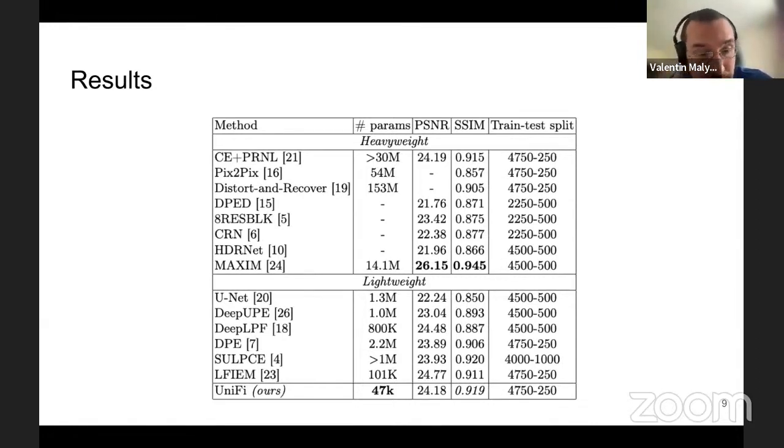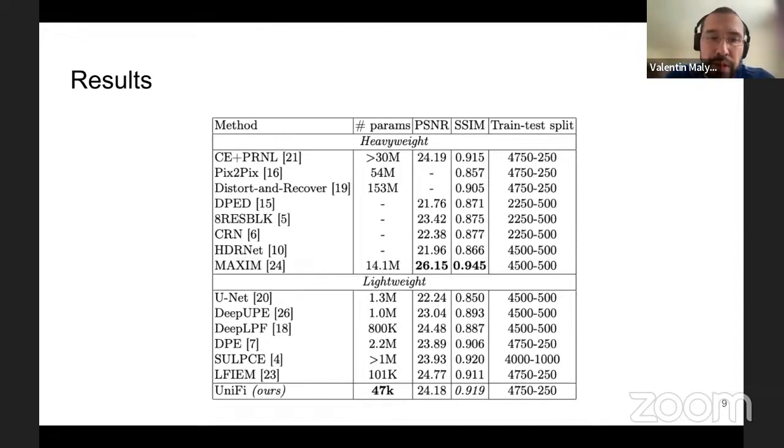But we can see that the lowest is LFIEM, an approach which has 100,000 parameters, and it shows the best results on PSNR, and the second result, excluding ours, on SSIM. While our approach has half as many parameters, and it has a bit lower PSNR but higher SSIM.